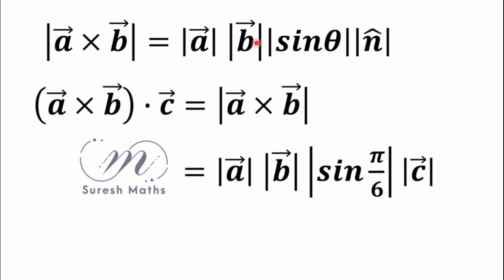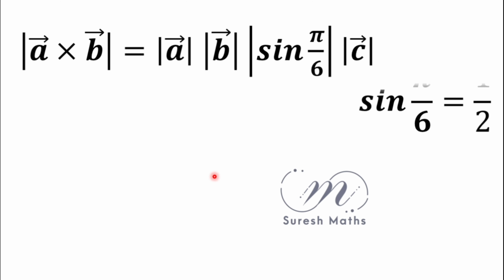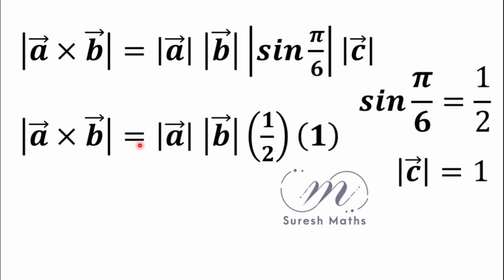N cap is a unit vector perpendicular to A and B, and C vector is also a unit vector perpendicular to A and B, so we use the C vector modulus here. So this becomes sin 30 degrees. What is sin 30 degrees? 1 by 2. What is the modulus of C vector? That is also 1.